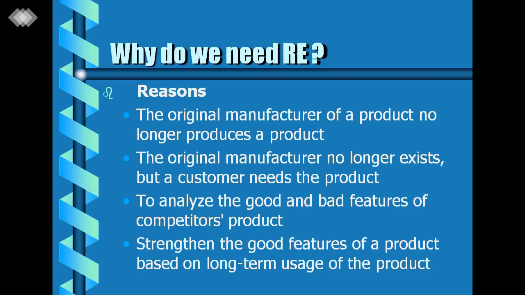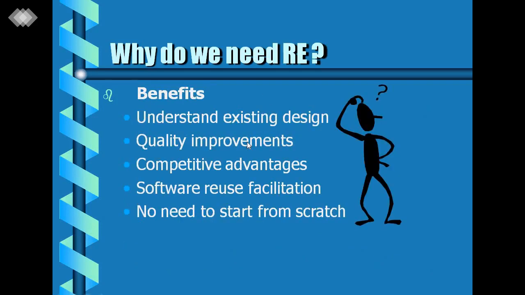Here we analyze the bad and good features of our product, which is done in the competitor environment. And last is to strengthen the good features of a product based on the long-term use of the product.